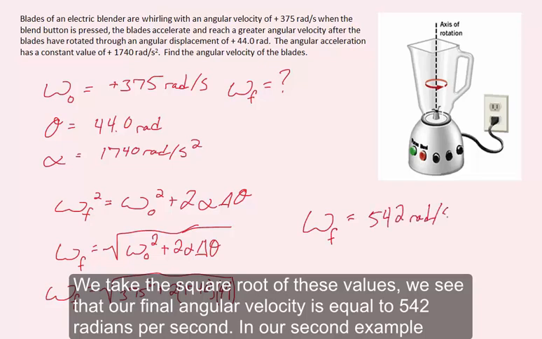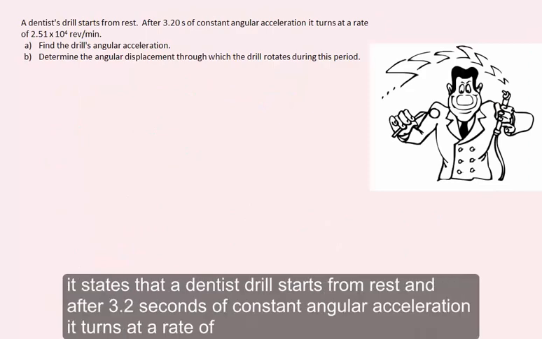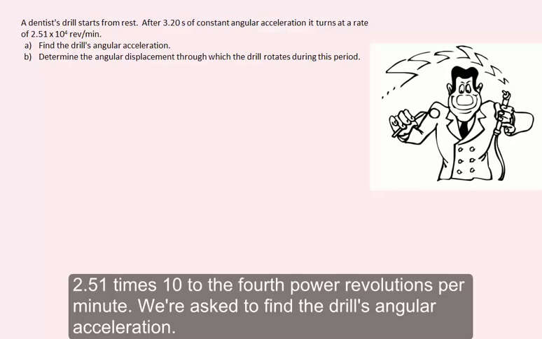In our second example, it states that a dentist's drill starts from rest, and after 3.2 seconds of constant angular acceleration, it turns at a rate of 2.51 times 10 to the fourth power revolutions per minute. We're asked to find the drill's angular acceleration.